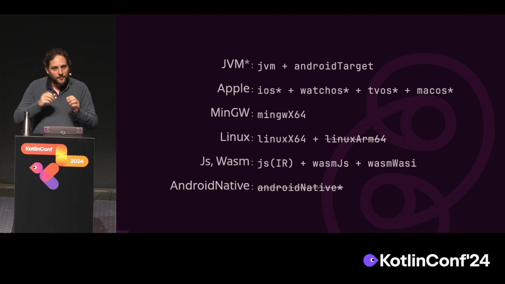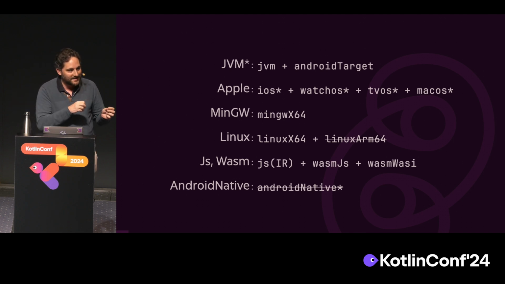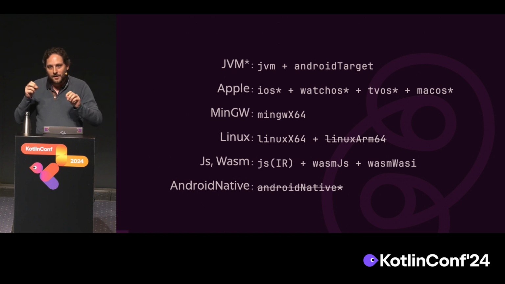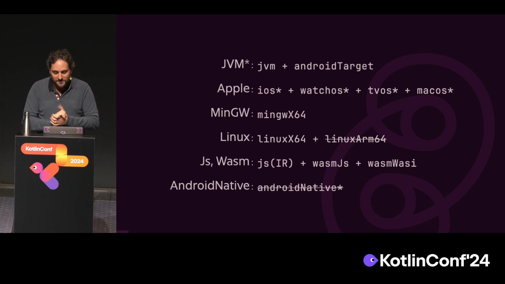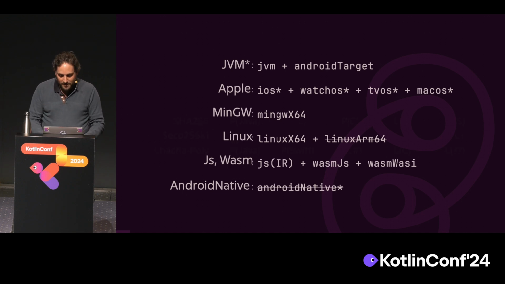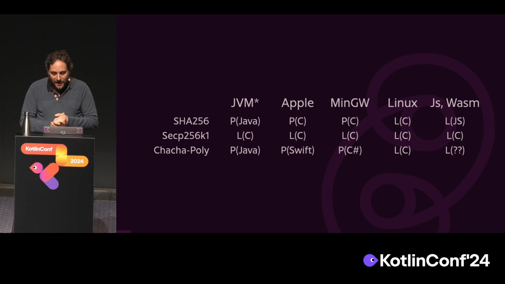You need to compile for Linux ARM64 from an x64 Linux. There's no way to run the Kotlin native compiler on Linux ARM64, which makes testing very complicated. You need to compile on Linux x64 and then run the test executable on ARM64. That's not a great experience, so let's not talk about that.